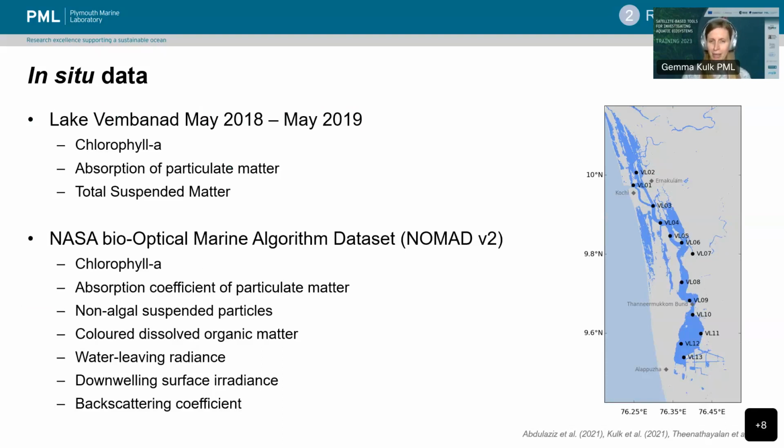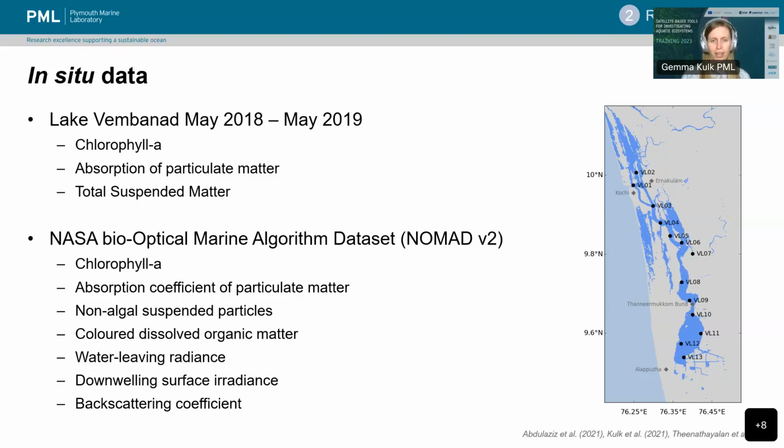As I mentioned before, many different measurements were carried out as part of these field campaigns. For this study, we used the concentration of chlorophyll A, the absorption of particulate matter, and the concentration of total suspended matter. This data set contained between 162 and 228, so around 200 data points, depending on the variable.